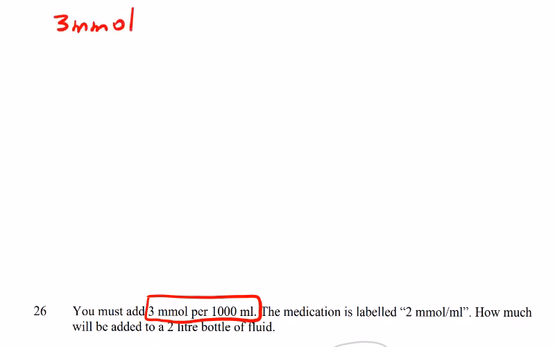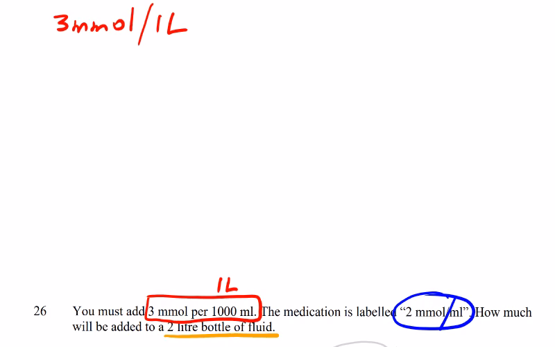And this time I'll do using the 1000 milliliters, the same as 1 liter. The medication is labeled 2 millimole per mil. That's the concentration of the stock solution. And the final question is we need to add this solution to a 2-liter bottle of fluid. So that's what we have to get started with.